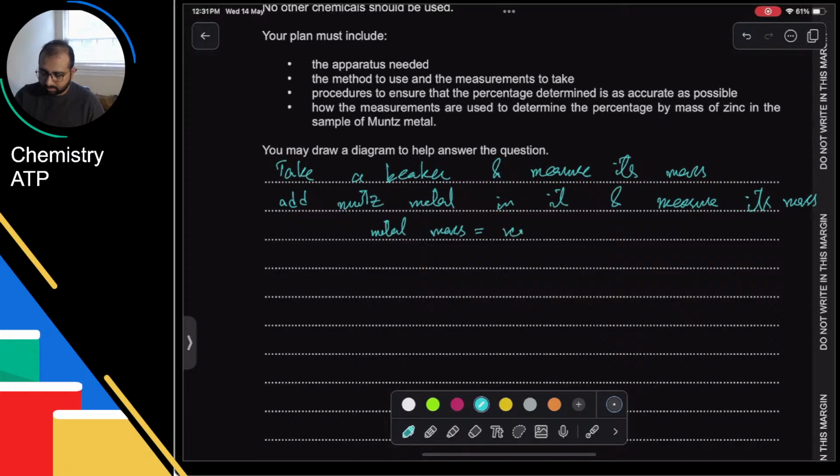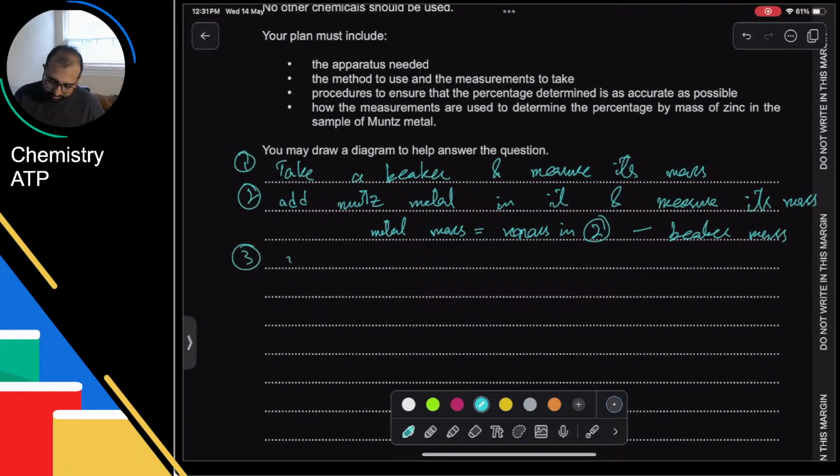Okay, so metal mass is this new mass minus beaker mass. Okay, so I know how much metal I have. 3.